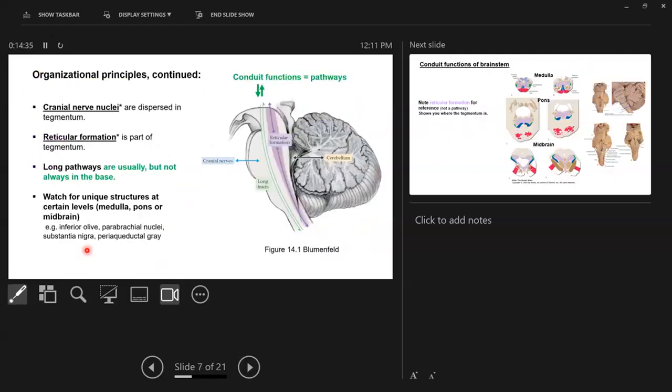So with that, again, understanding that both the cranial nerve nuclei and reticular formation are embedded in the tegmentum. Here's an example of reticular formation.